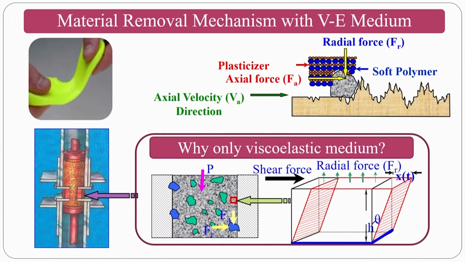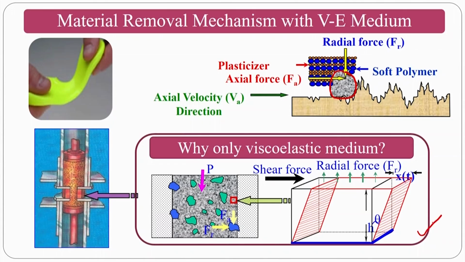This is the mechanism that we have seen, and what we have not seen in the previous class is how this particular abrasive particle is going to get the assistance of viscoelastic nature. The viscoelastic nature was explained in the previous class. The schematic is given again here.